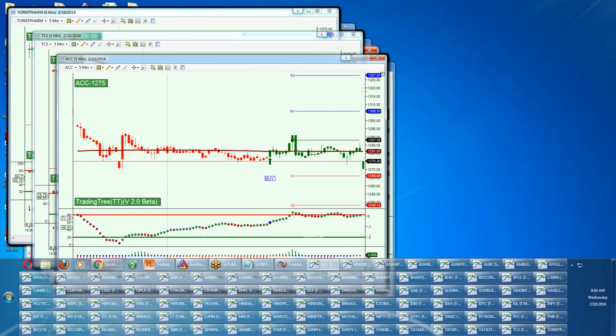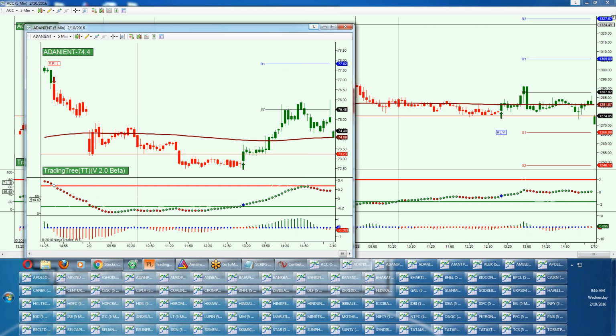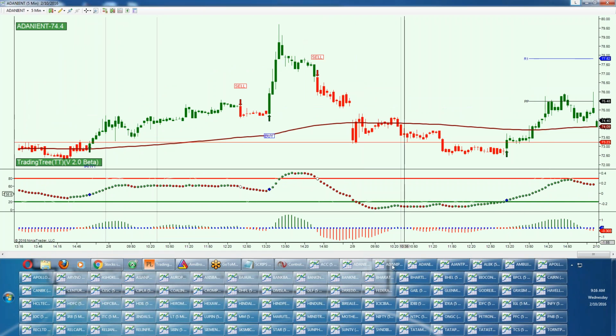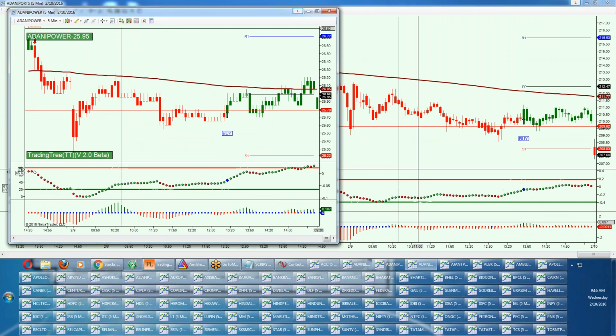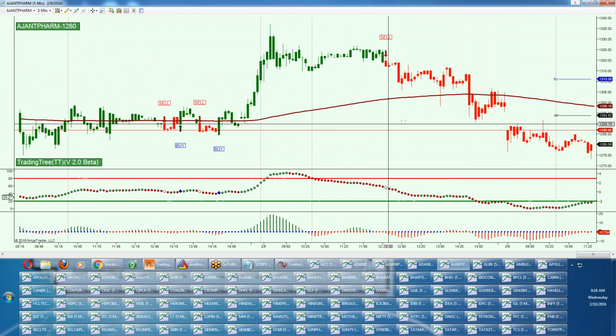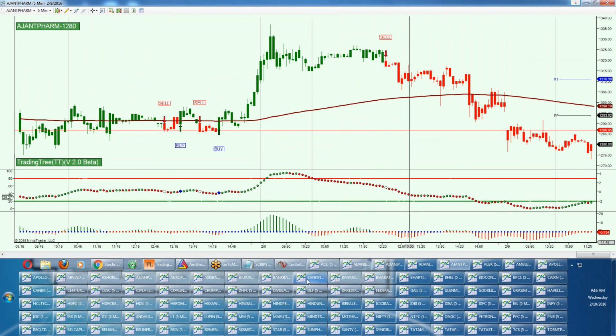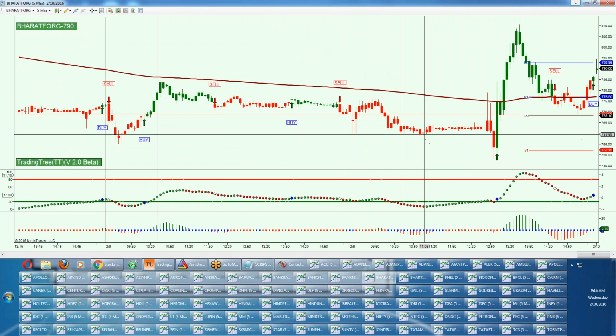So that's a gap down. So we have a buy in Bharat Forge.